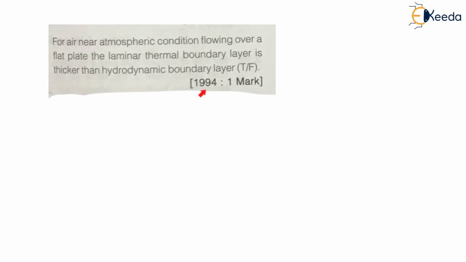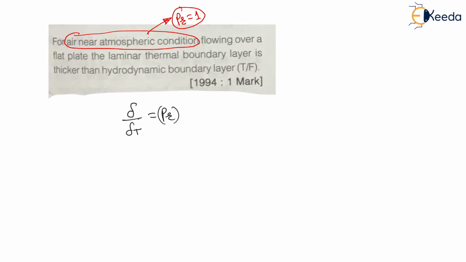Now the next question, which was asked in GATE 1994 for 1 mark, is: for air near atmospheric condition flowing over a flat plate, the laminar thermal boundary layer is thicker than hydrodynamic boundary layer. True or false? Now my dear students, what is given here? Air near atmospheric condition. Whenever air near atmospheric condition is taken, then for air at atmospheric condition, Prandtl number is equal to 1. And hydrodynamic boundary layer thickness divided by thermal boundary layer thickness is related with this Prandtl number by Prandtl number power 1 by 3.